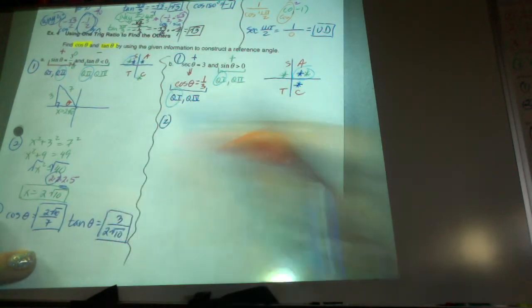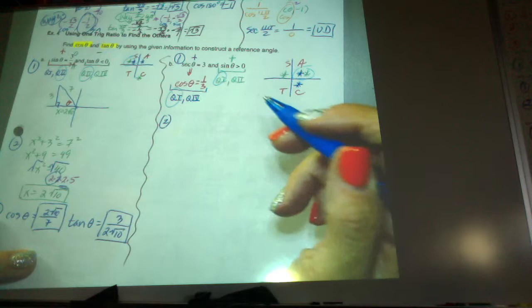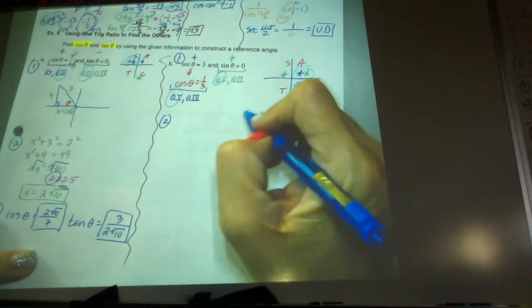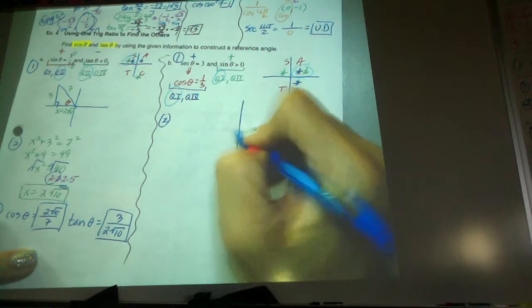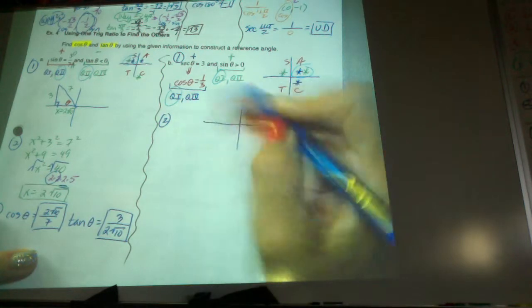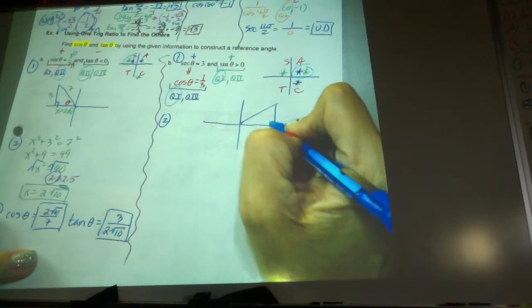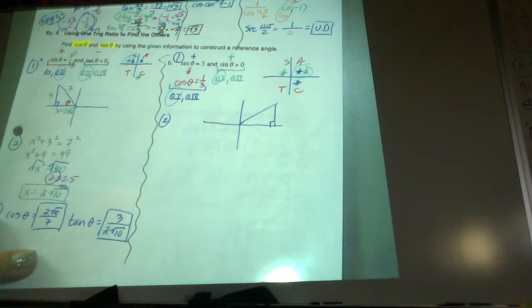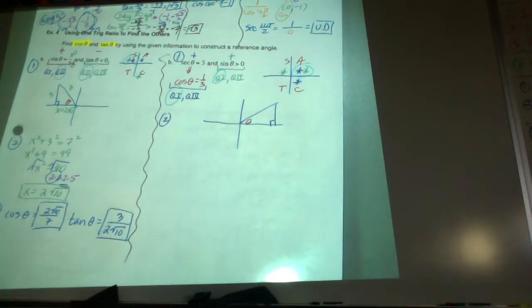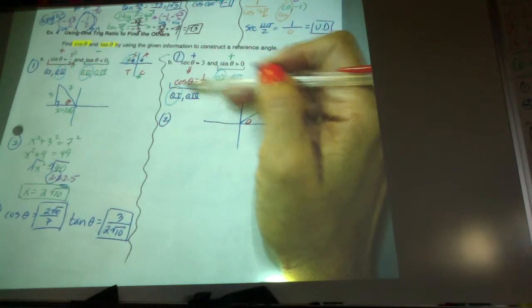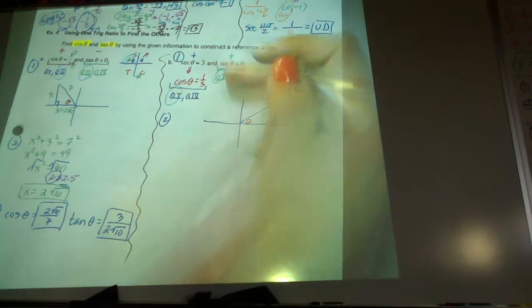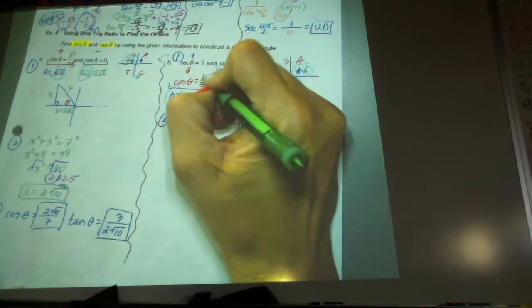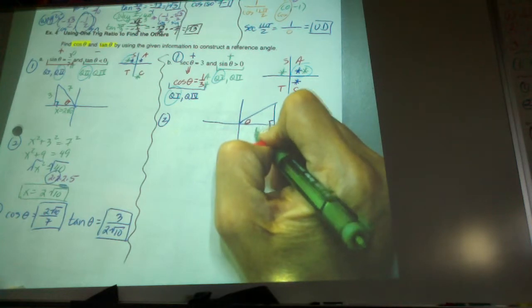Step 2. We're in quadrant 1, so put a reference triangle in quadrant 1. Here's theta. So they gave me really cosine. So cosine is adjacent over hypotenuse. So adjacent is 1, hypotenuse is 3.